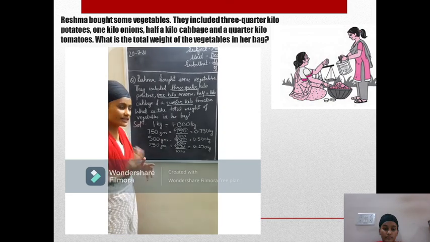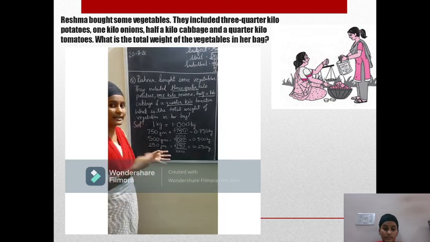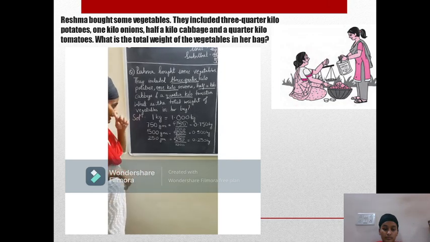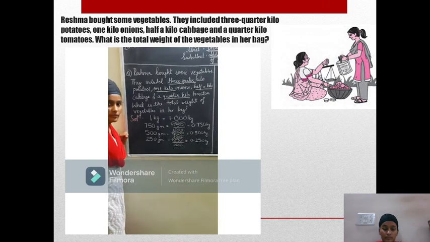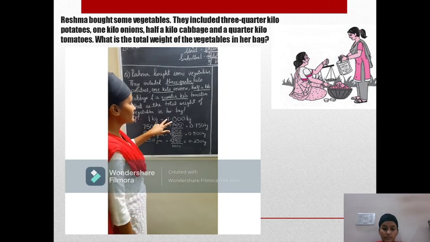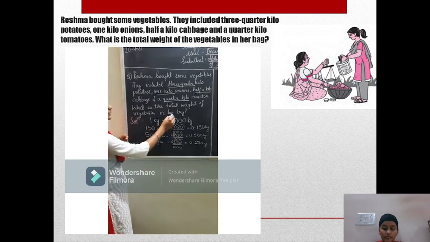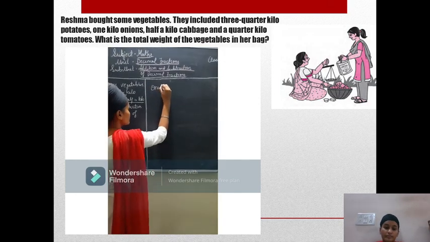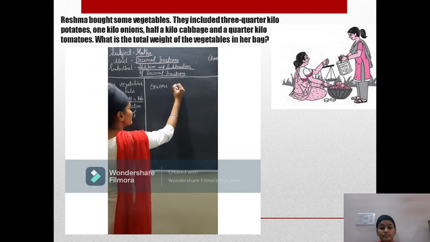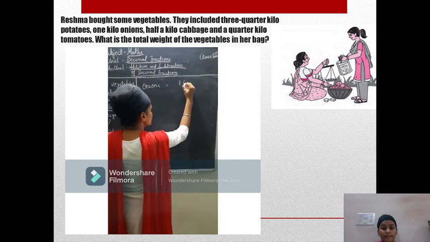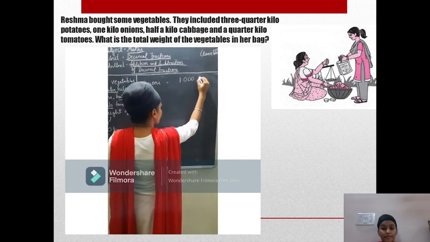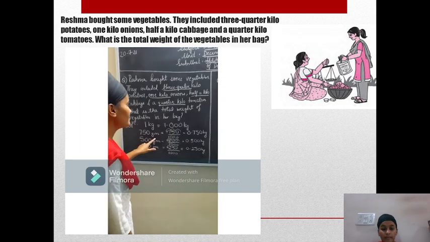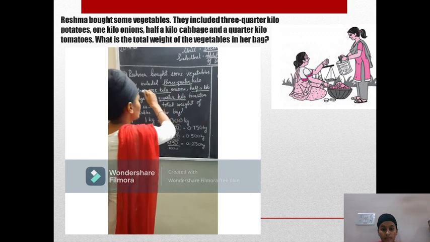Now, there we had converted it into grams and then we had divided it and converted into kilograms. Here we can directly add all these 4 terms. So 1 kg was what? 1 kg was onions. Then the second one was 750 grams, that is 3/4 kilo potatoes.